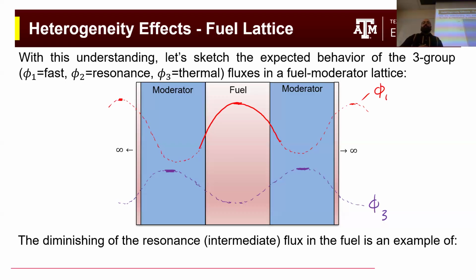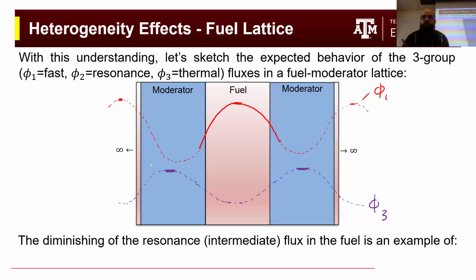When we are in that intermediate or resonance range, as a consequence of what's happening with elastic scattering in the moderator, the resonance region is basically flat. But then, like we were seeing with those peaks of the resonance region in the absorption cross section of my fuel, when these resonance range neutrons get into the fuel, they get very quickly absorbed.